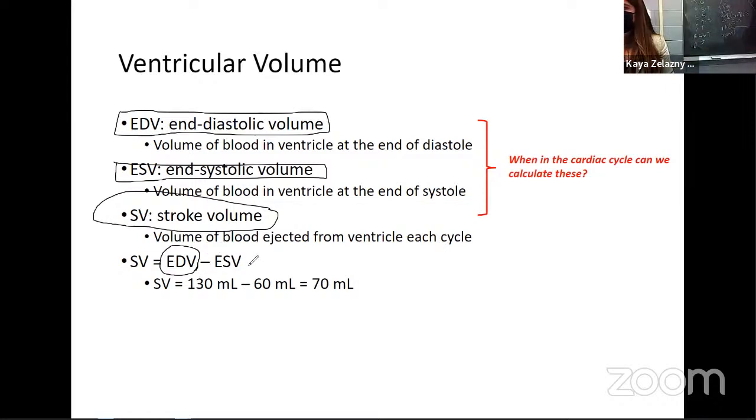And then we're going to subtract how much we have left at the end of the squeezing, right? So at the end of systole, at the end of the contraction, we still have a little bit of blood left. When we subtract that, that's going to tell us how much blood went out into the aorta during that heartbeat. So that's our stroke volume, how much blood is going out into the systemic circuit every time the heart beats.